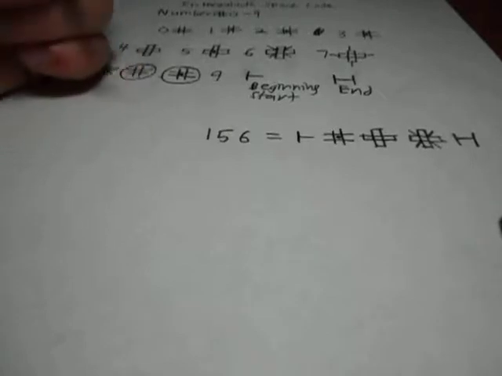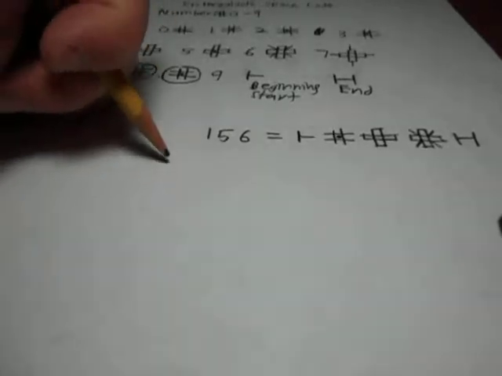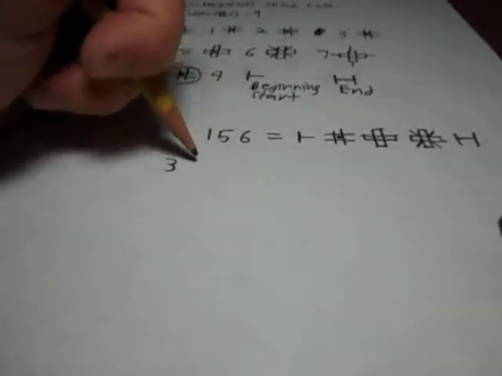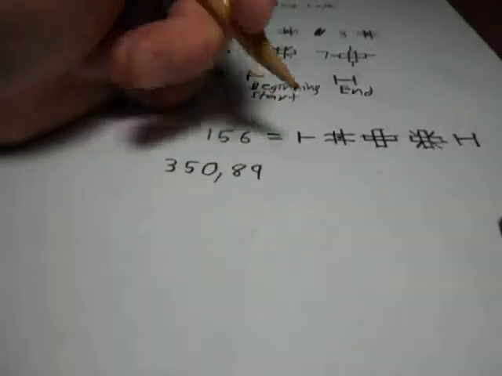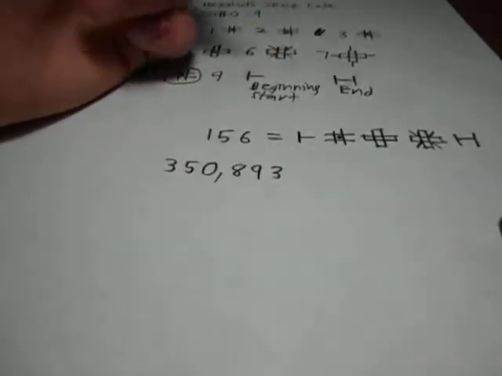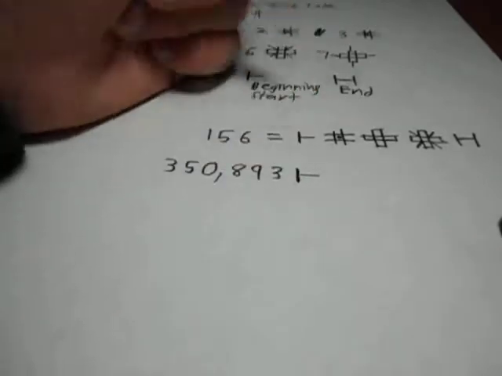Let's write another one. Let's say 350,000, 893. So once again, you don't want to get this backwards.